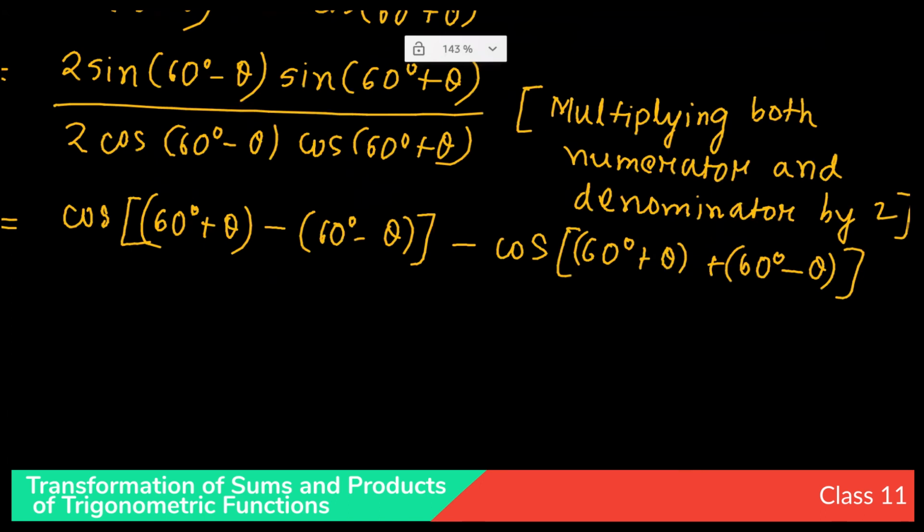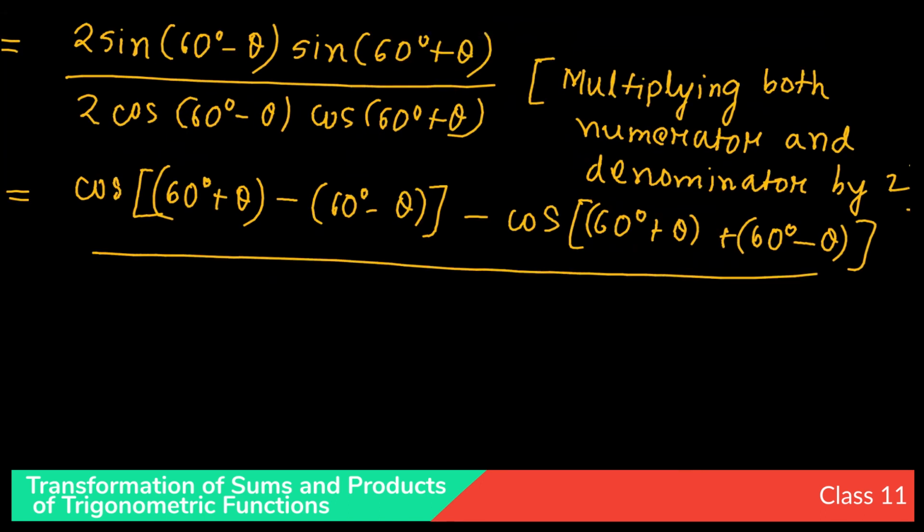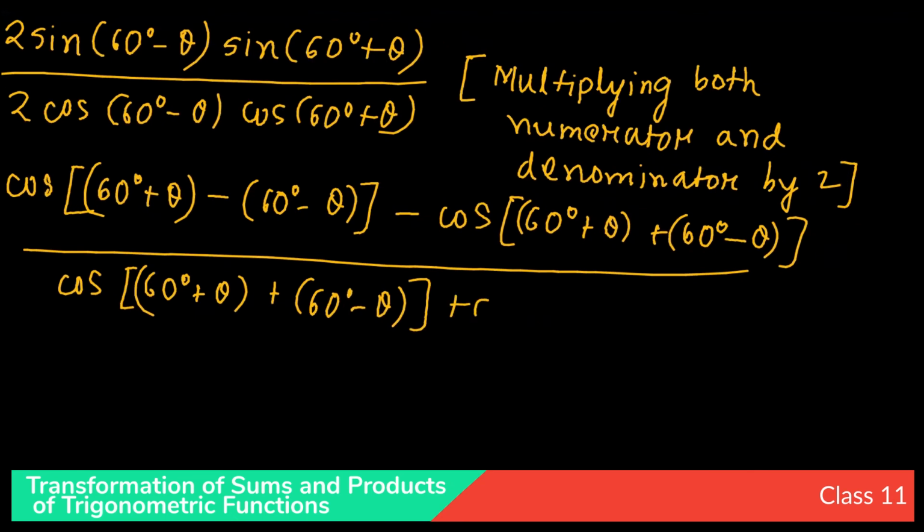In the denominator we have 2 cos A cos B, so it is cos(A + B), that means cos(60° + θ + 60° − θ), plus cos(A − B), that is cos(60° + θ − 60° + θ).